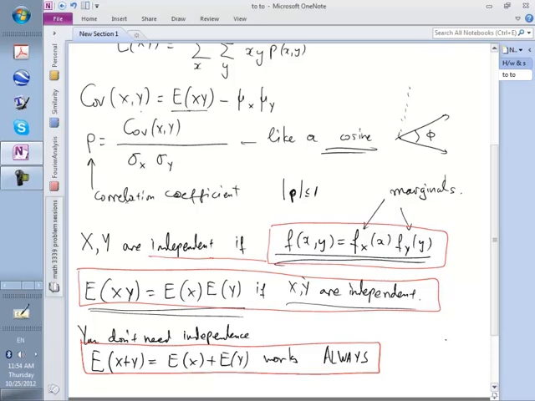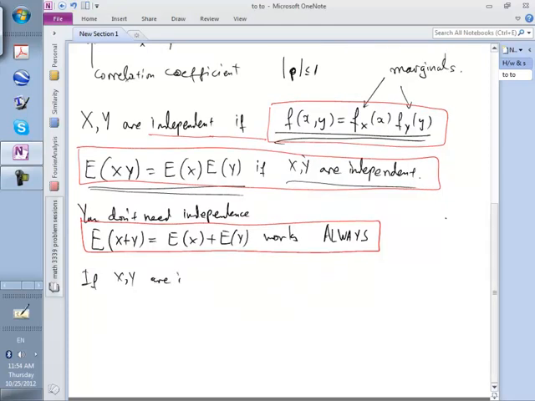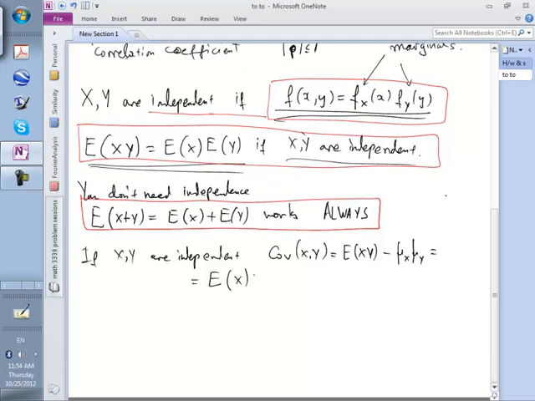So what that implies, if you replace this with the right-hand side here, is that if x and y are independent, the covariance of x comma y is equal to this, but due to independence, the expected value of the product of the two random variables is equal to the product of the expected values.